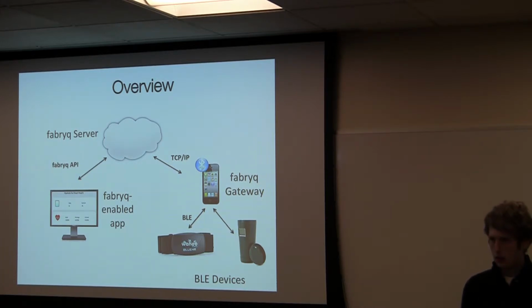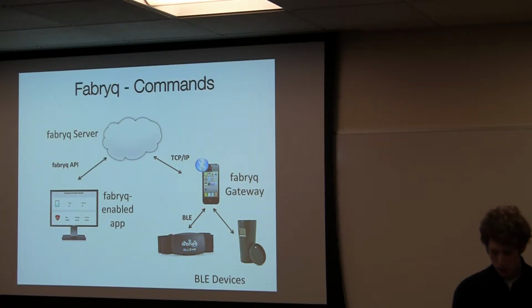If, as a developer, you want to, say, get the heart rate from a heart rate device from your web application, you first launch that command in the web browser through the API. It goes up to the server and is stored on the server. Then periodically, the gateway devices that the user has are polling the server and pull the command down to them.